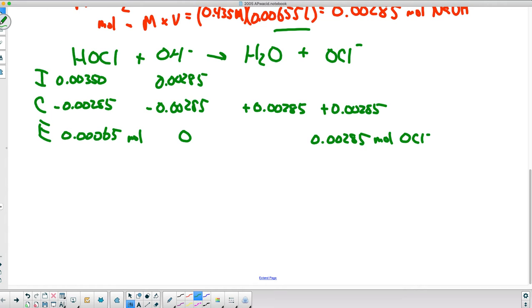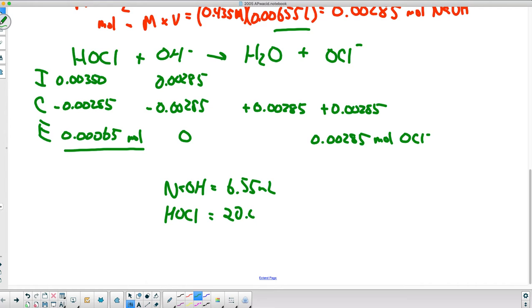Now the concentration of the HOCl here is going to be whatever the concentration is, and then I have to add the two volumes together. In other words, the NaOH was 6.55 milliliters, and the HOCl was 20 milliliters.